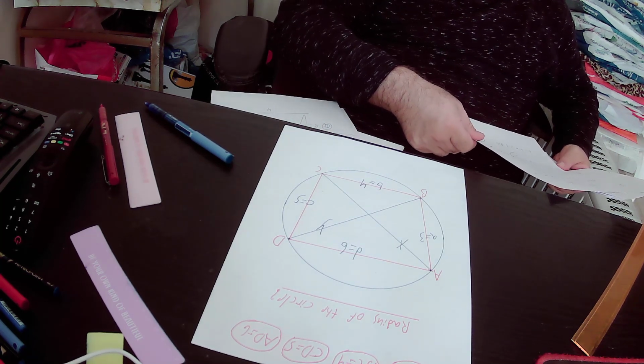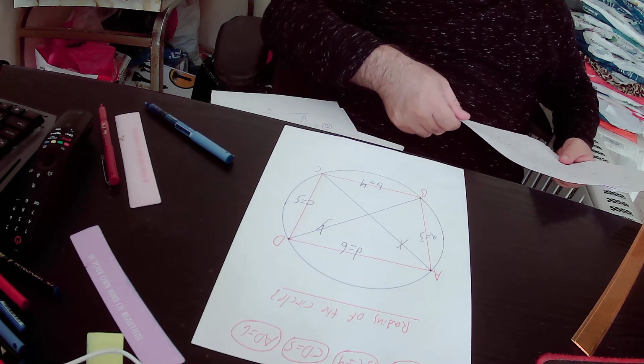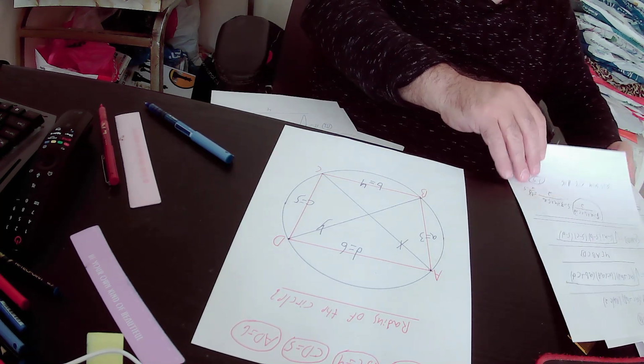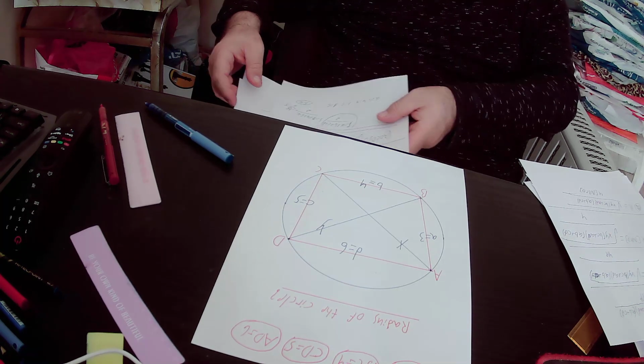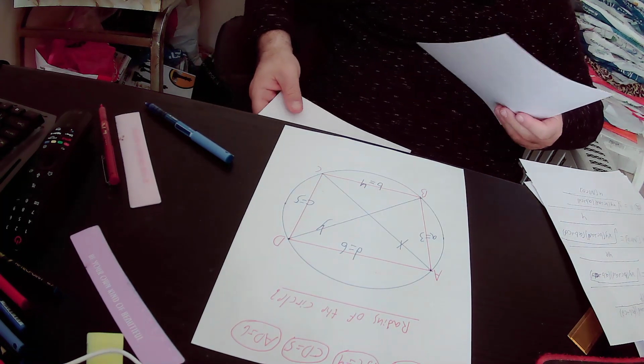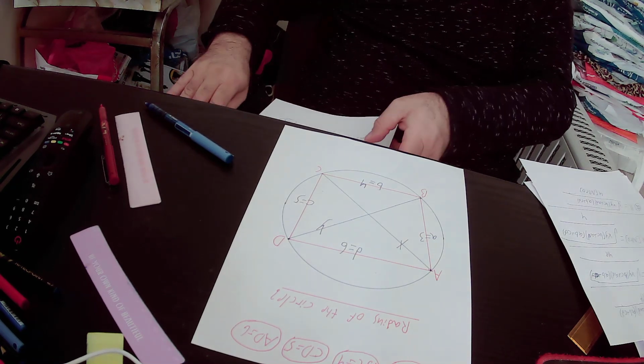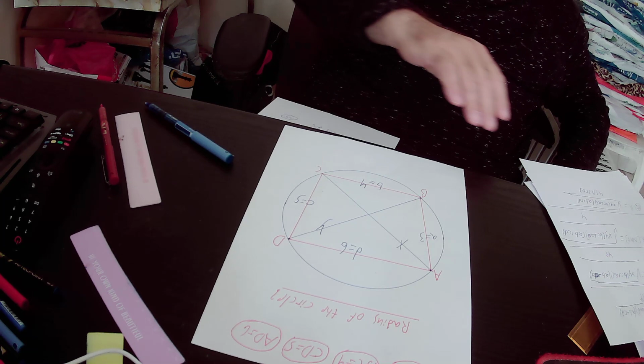And we want to find out the radius of this circle. I presented to you 3 new rules, and we implemented the 3 new rules in our drawing.